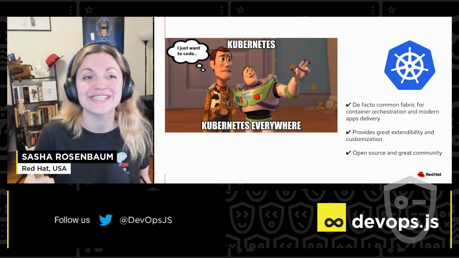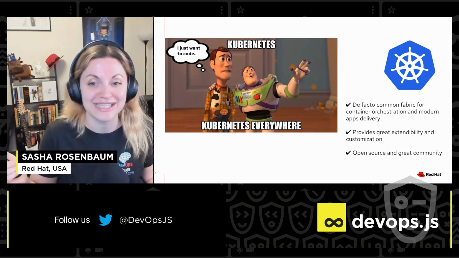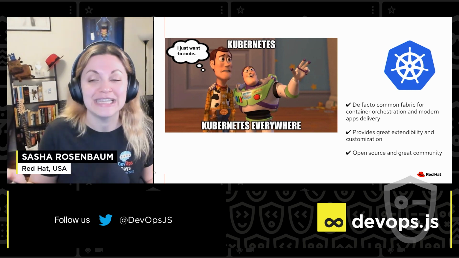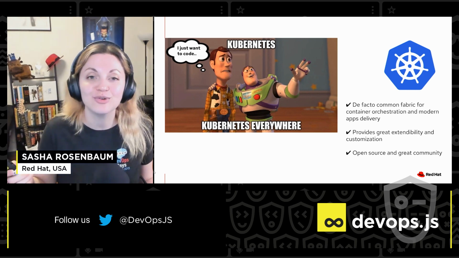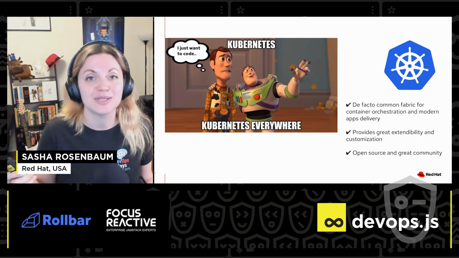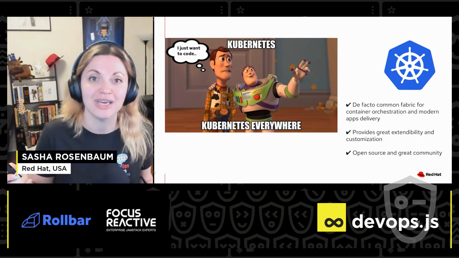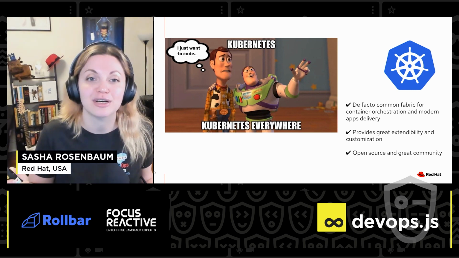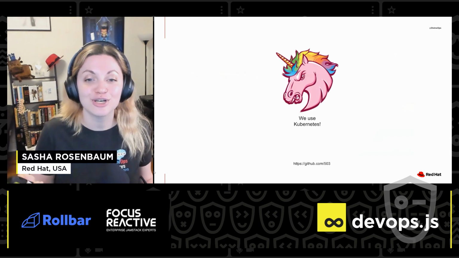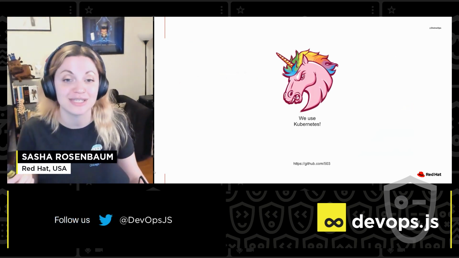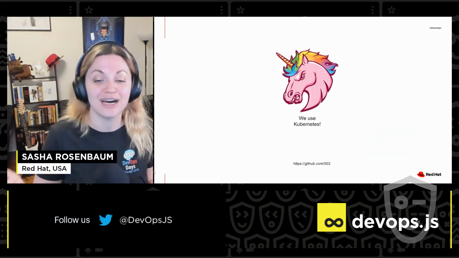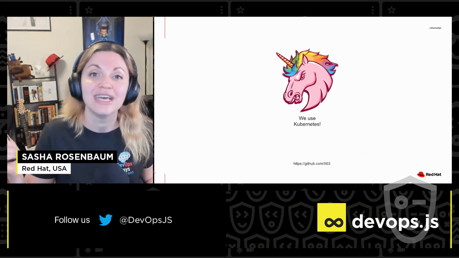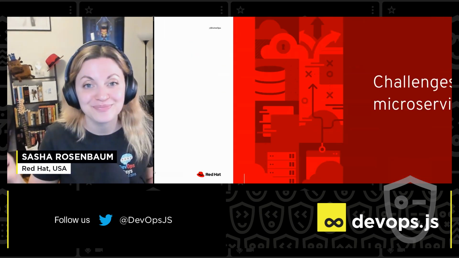Let me just write code. I don't really necessarily care about the platform. And that's kind of where we're trying to get to, where the Kubernetes platform can actually be abstracted away, and you as a developer don't have to necessarily worry about where your application is running. And of course, it's important to use Kubernetes because you can then put it on your resume and become a Kubernetes developer in a Silicon Valley unicorn.